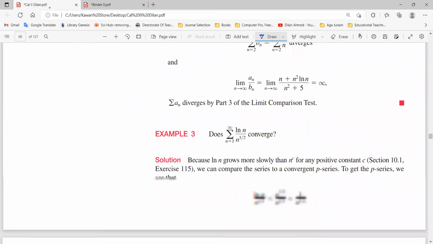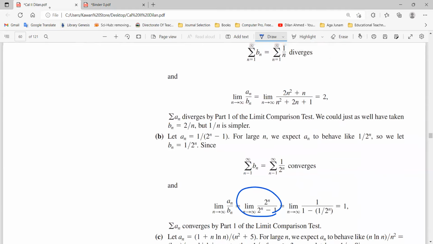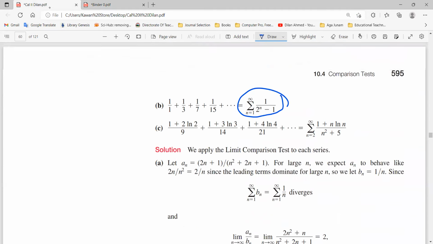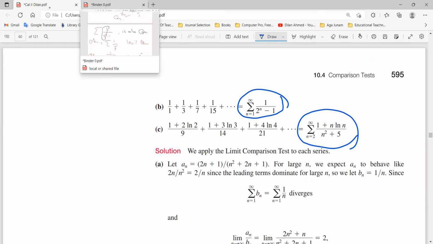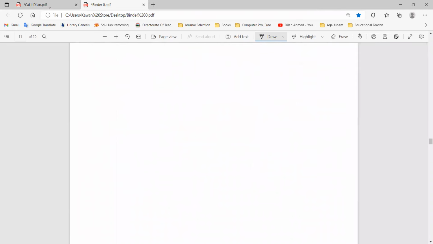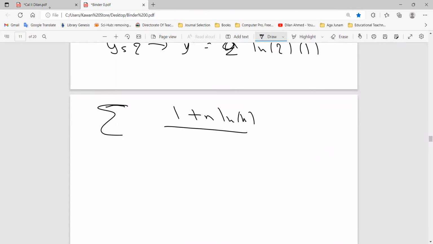And the third example: the sum of 1 plus n plus ln of n over n squared plus 5. So how do we bring the Bn?